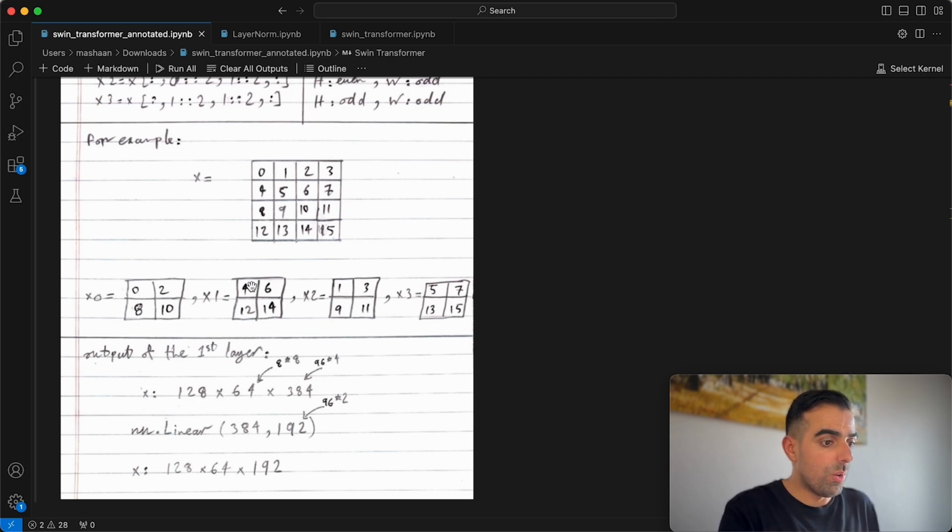So 0, 4, 1, 5 are basically the patches inside the first window. So the patches inside one window will be merged into one patch.